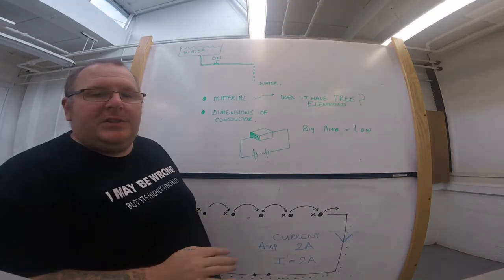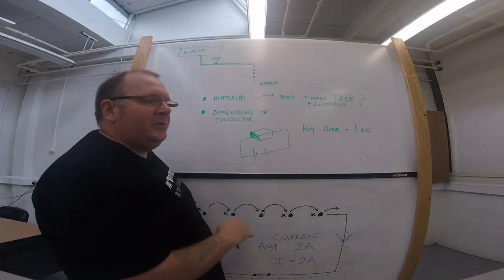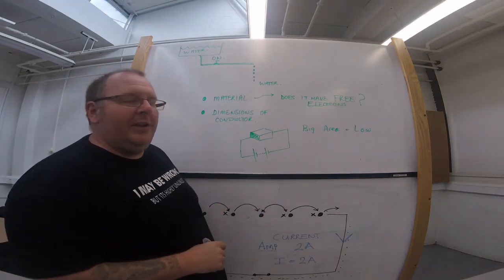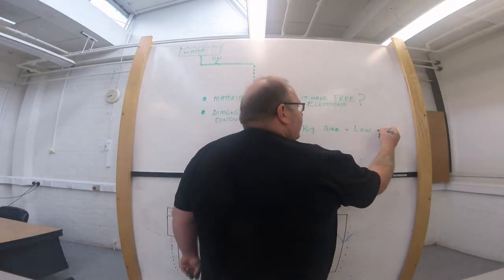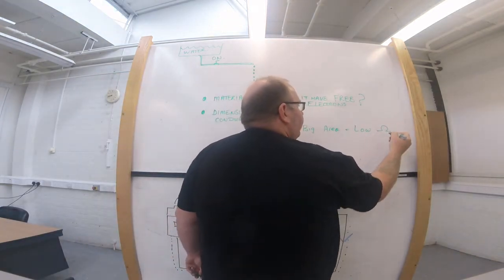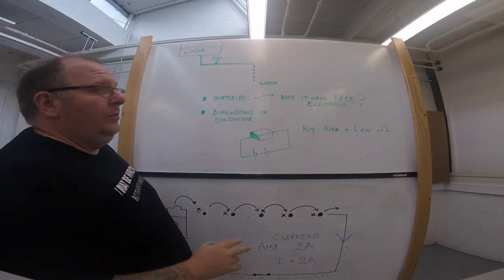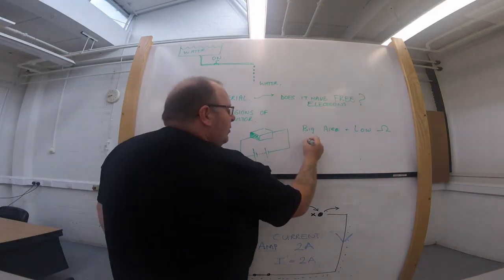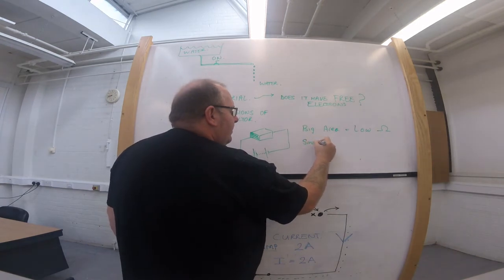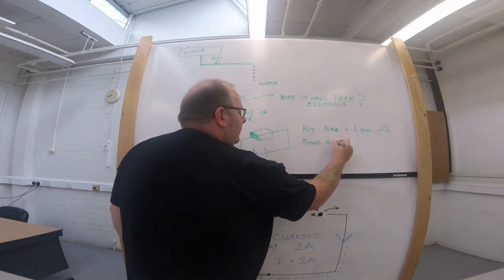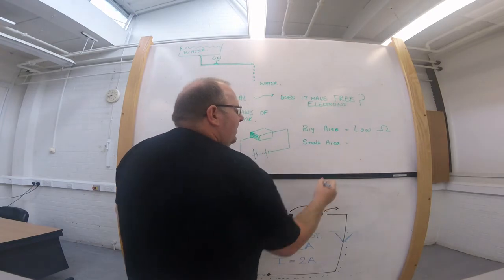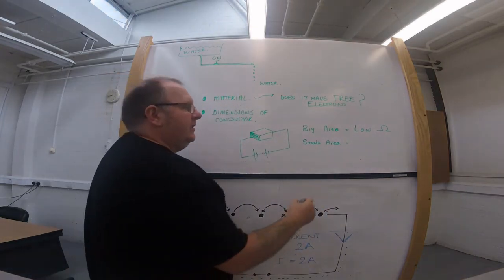Instead of writing resistance, I'll give it its symbol. It's the first one that has a funny symbol that isn't a letter of the alphabet. The symbol is omega. Resistance is measured in ohms. If it's got a small area, it'll have a higher resistance.